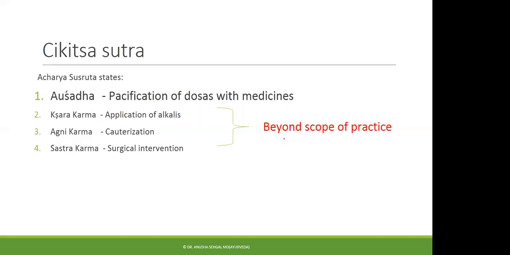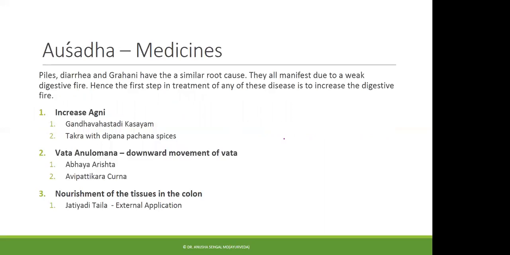Okay, so in the first aspect where we're looking at medicines, this is key to know because you're going to find a lot of common overlaps between what we learned in Grahani and in this. So piles, diarrhea, and Grahani have a similar root cause. They all manifest due to weak digestive fire.